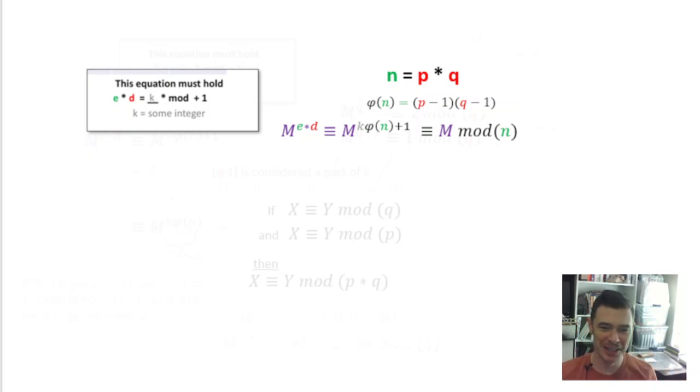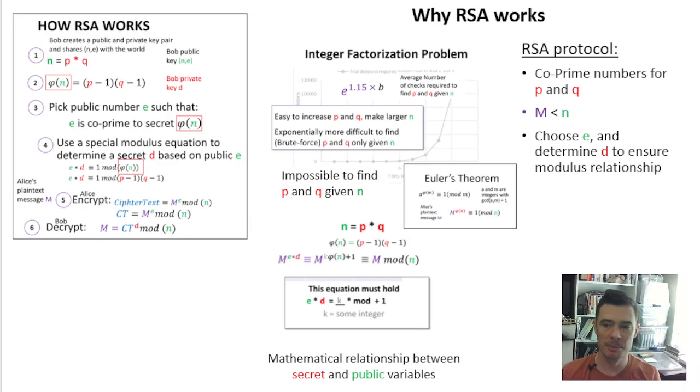I know that was a clunky few minutes of video, but we have our public variables and our secret variables. They're all mathematically related, and they can be used for a public key protocol. RSA is based on an intractable, one-way math problem, and you can leverage the special modulus properties of prime numbers.